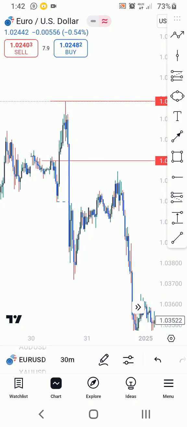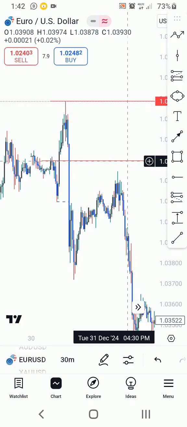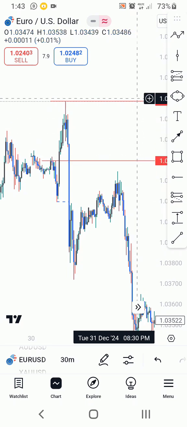Meaning that in my week, I have to wait for the market to reach this point. I don't have to take any trade before my week, or in the week I'm going to trade before the market reaches this point. Okay, because these are the points where I'm supposed to take entries from. You can take entries right away when the market reaches here, because we have already defined our liquidity entries here, stop loss above.